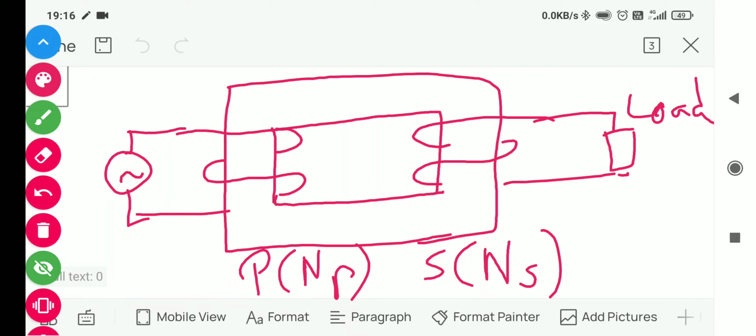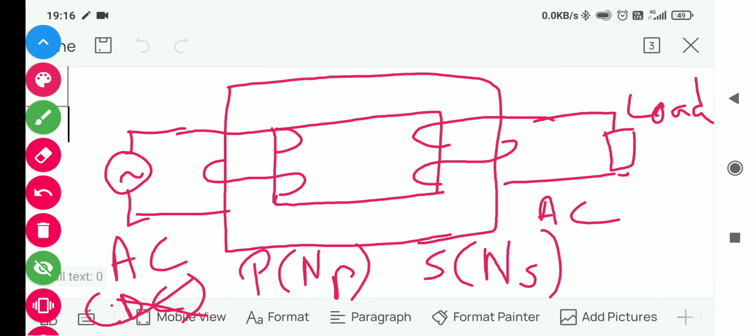So the input is AC, and the output is AC. It will not be DC, because if there is some DC output, then the transformation is not going to occur. Now, this is basically the core.